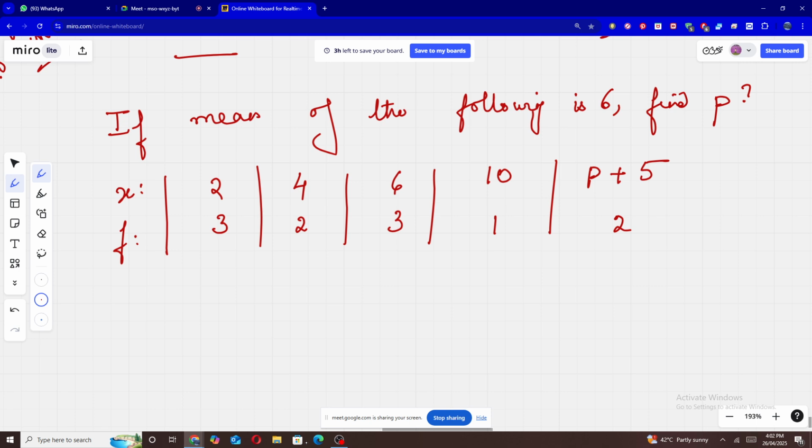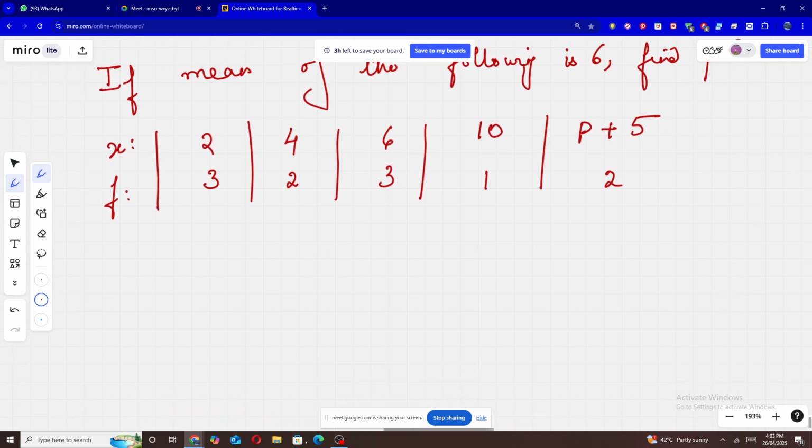So suppose you write like this. Make your table properly.